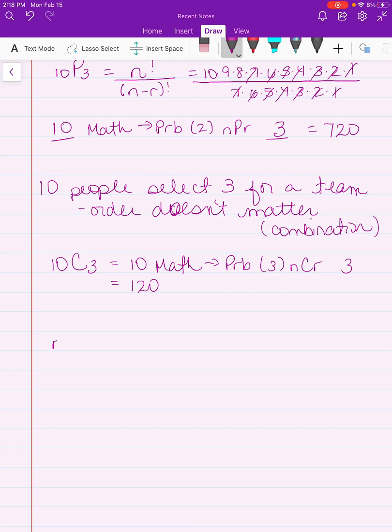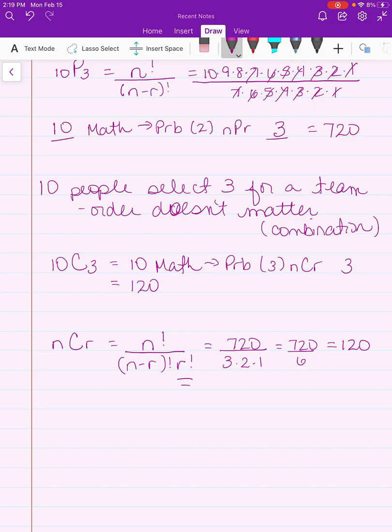So what the combination formula does is it takes your permutations and then it takes out the number of repeats. So if I take out the 6 ways that every 3 people can be arranged, well, that would give me the 720 divided by 3 times 2 times 1, which is 720 divided by 6, which gives you the 120.